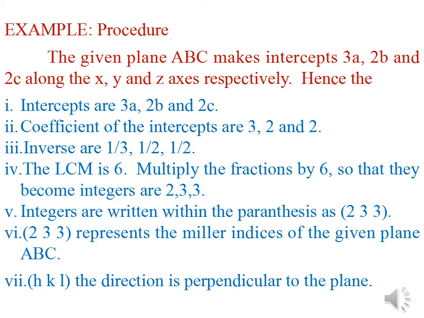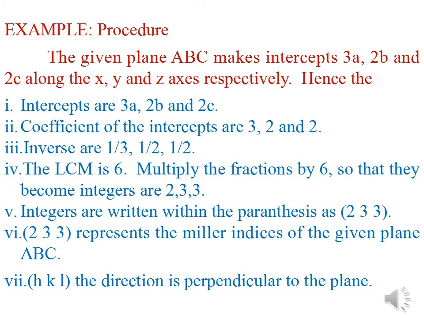For example, in the diagram, the given plane ABC makes intercepts 3A, 2B and 2C along the three-dimensional axes OX, OY and OZ respectively. The coefficients of the intercept values are 3, 2 and 2. The inverse or reciprocal values are 1 by 3, 1 by 2 and 1 by 2.